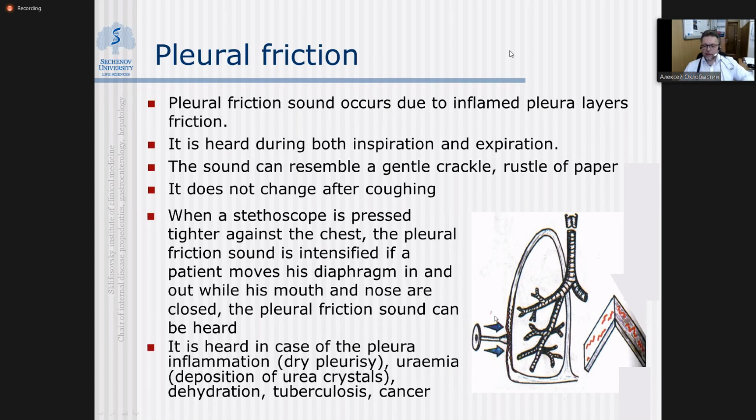In the site of pleural friction rub, there will be some degree of pain. Pain from pleural friction rub will be more intensive at deep breathing and at coughing. If you press on the side of pleural friction rub, again, that will be painful or uncomfortable for the patient.